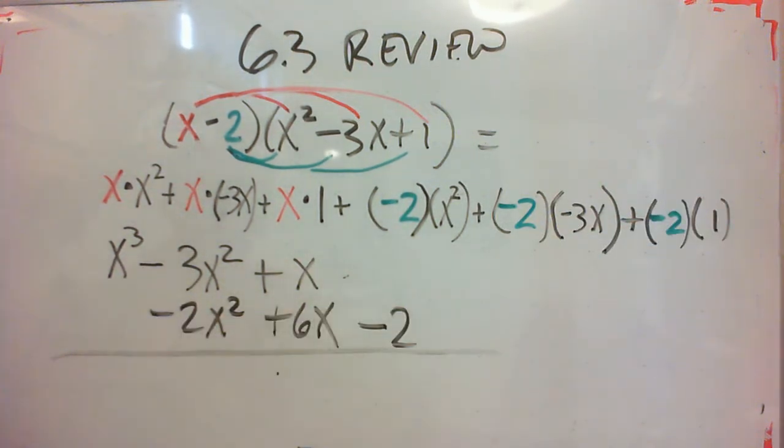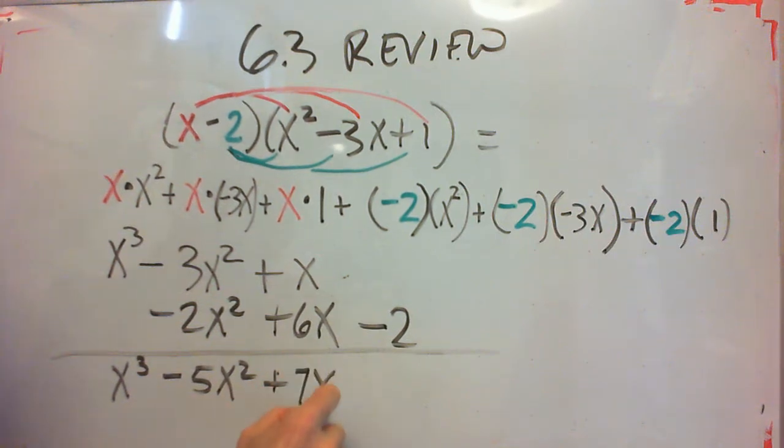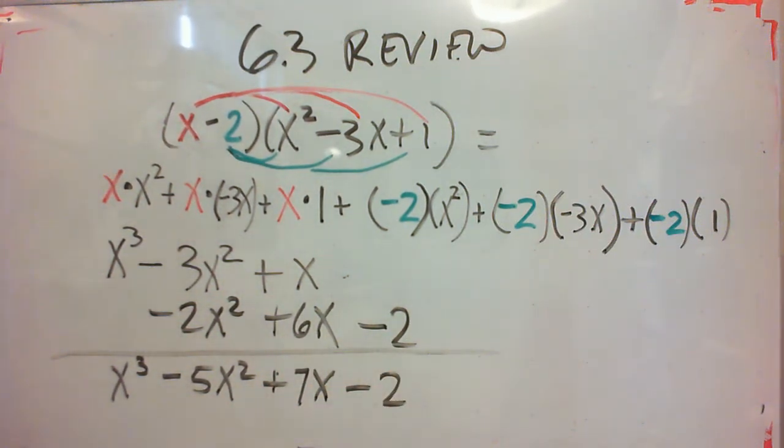Now combining like terms, we get x to the third minus 5x squared plus 7x minus 2. And that's your final answer. All the like terms have been combined.